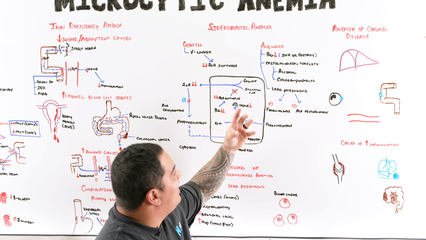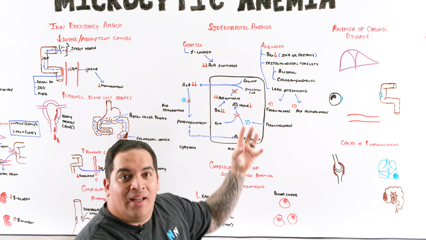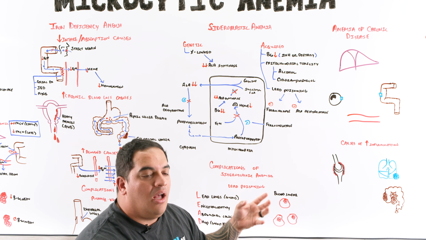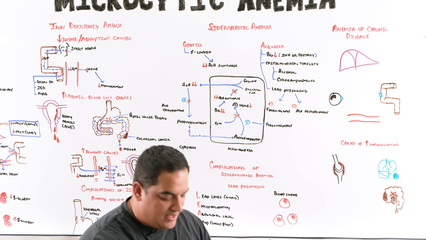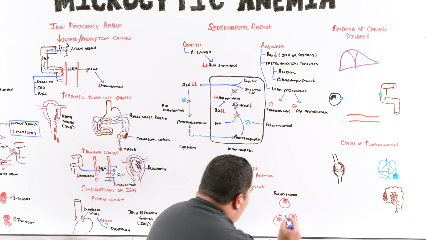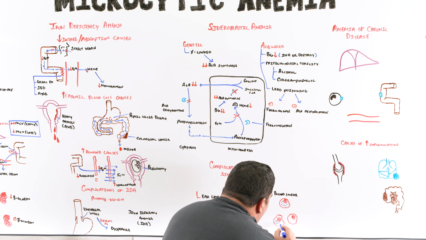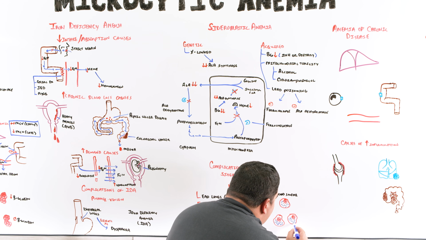And what happens is the iron builds up in the mitochondria, around the nucleus, and you inhibit other aspects, like ribosome synthesis. And so you get a lot of mRNA accumulation inside of these not necessarily mature red blood cells.